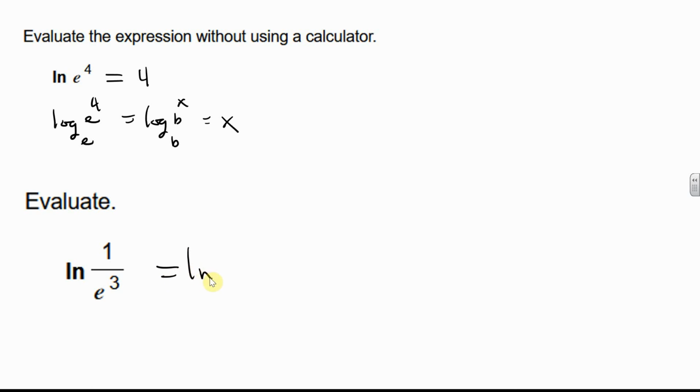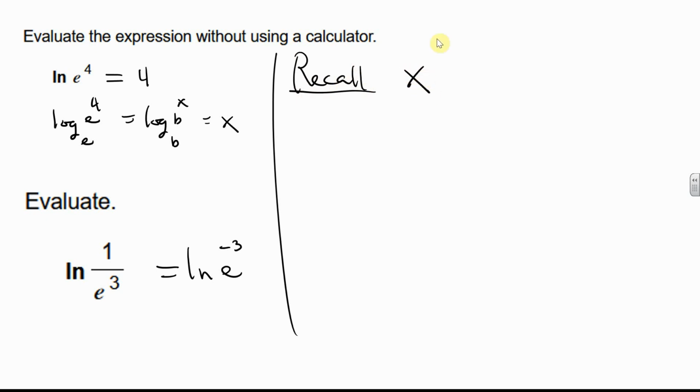Let's look at this guy. This is the natural log of 1 over e to the third. It's the same thing as e to the negative third, because that's a law of exponents, right? X to the negative n is the same thing as 1 over x to the n. Do you remember that? Math 100, matter of fact, also Math 098.